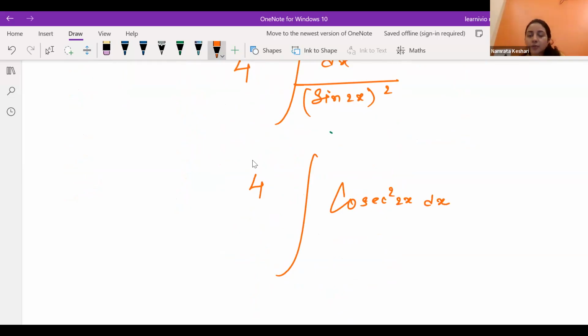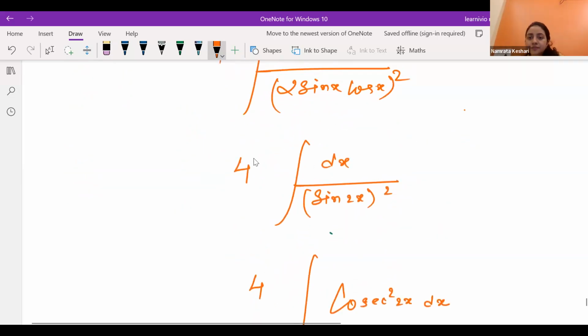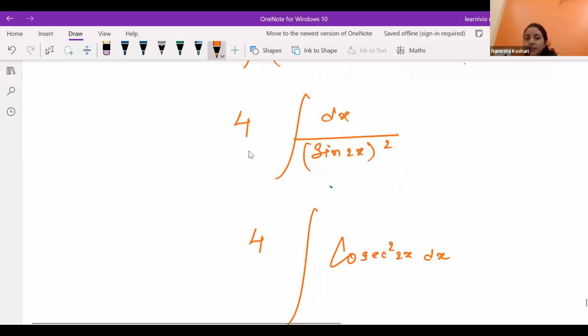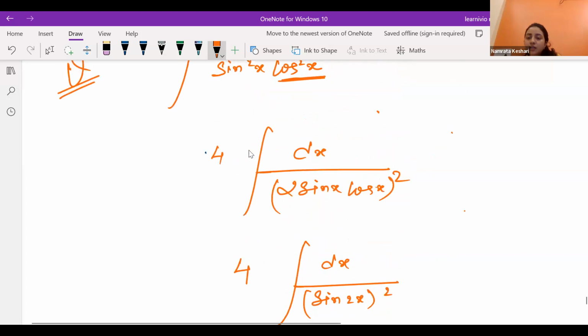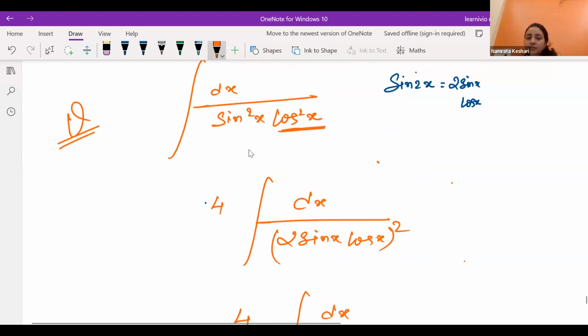Are you getting it, Annapurna? 1 by sin x means cosec x, right? Yes. Okay. So do we have any formula for this one? Yes. Okay, so this is how we'll be doing it. Is it clear, Annapurna? Yes.